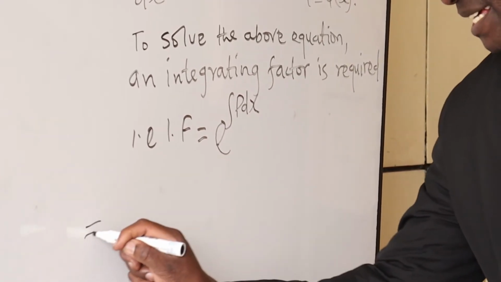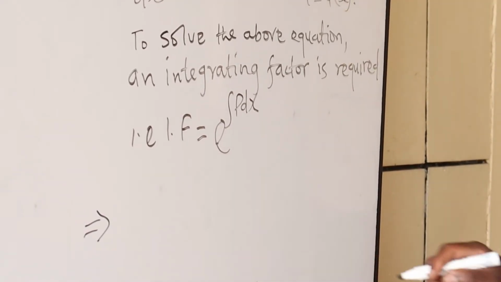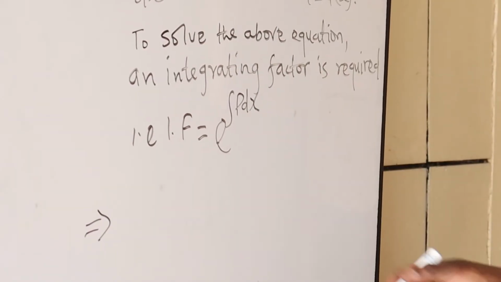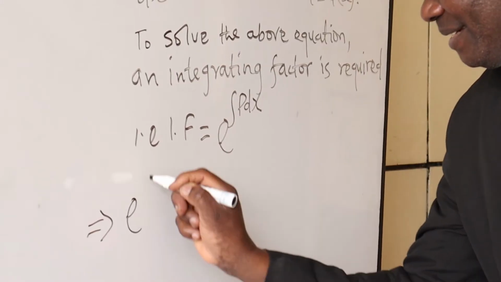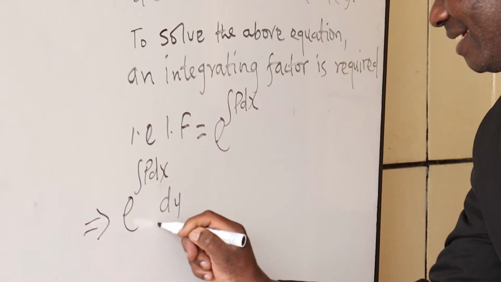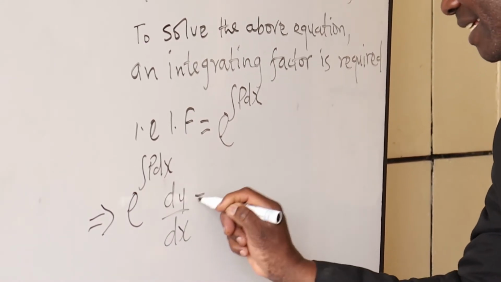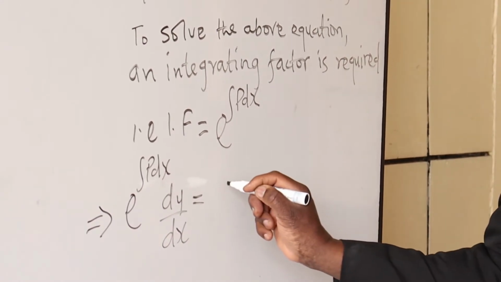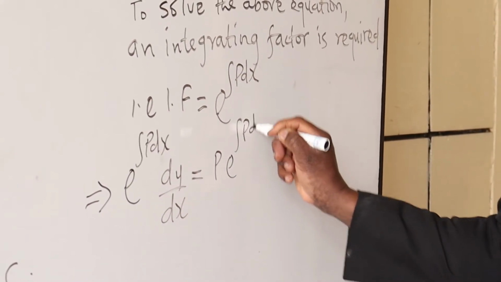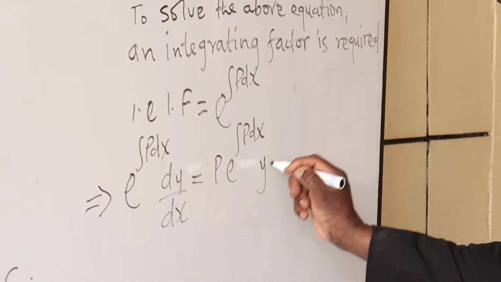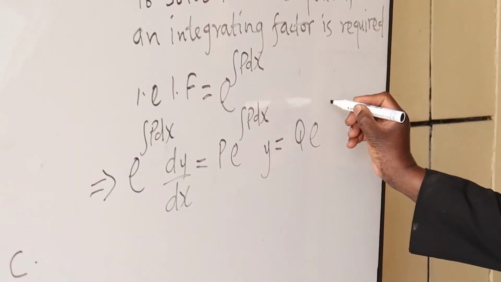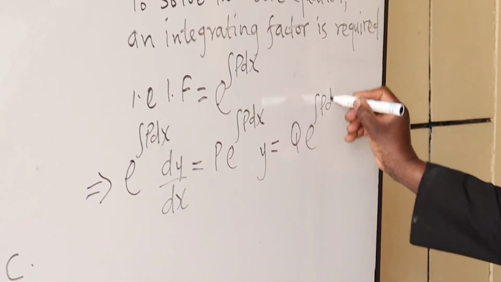This implies now we multiply the whole equation by the integrating factor. e power the integral p dx dy dx plus p e power the integral of p dx y will be equal to q e power the integral of p dx.